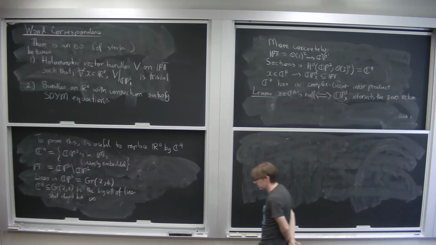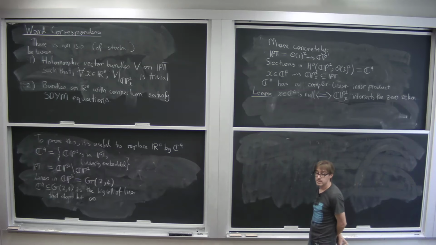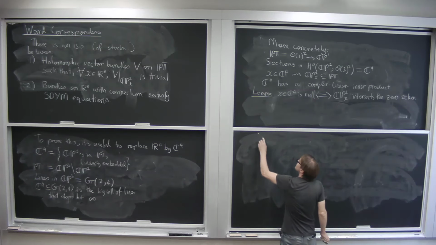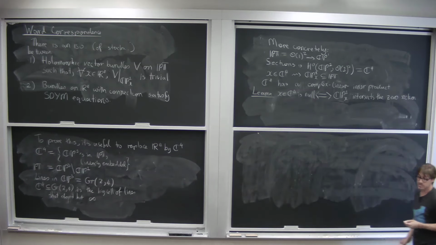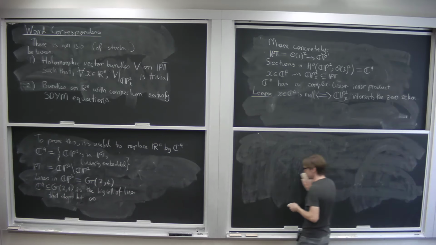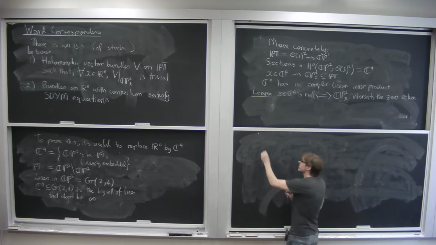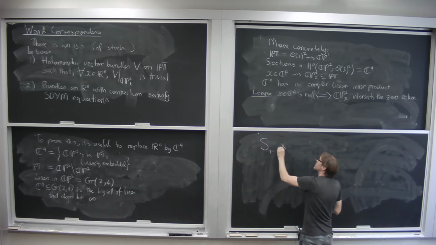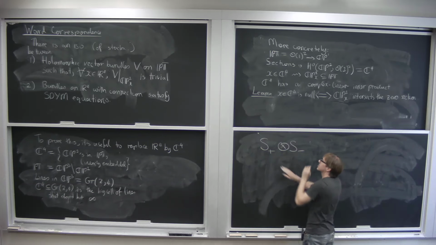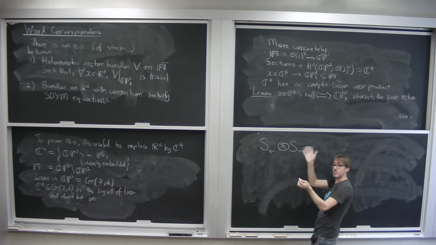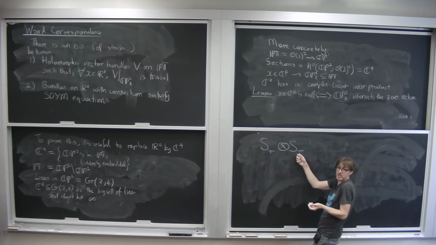I take the two-dimensional representation of SL2, I'll call it S plus, and then I'm taking two copies of it. So this is a symplectic form, and my other copy of C2, I'm giving it a symplectic form as well.